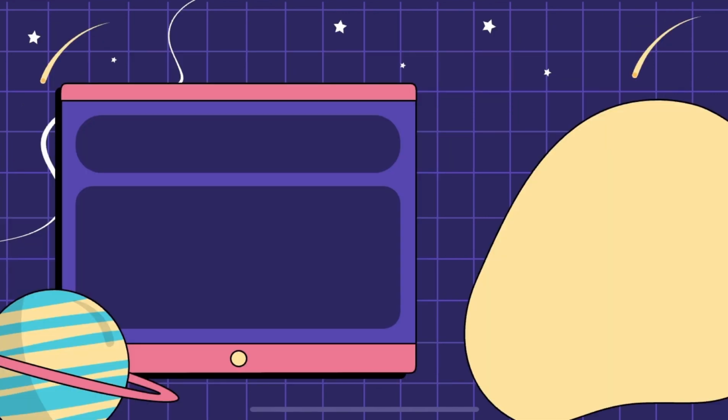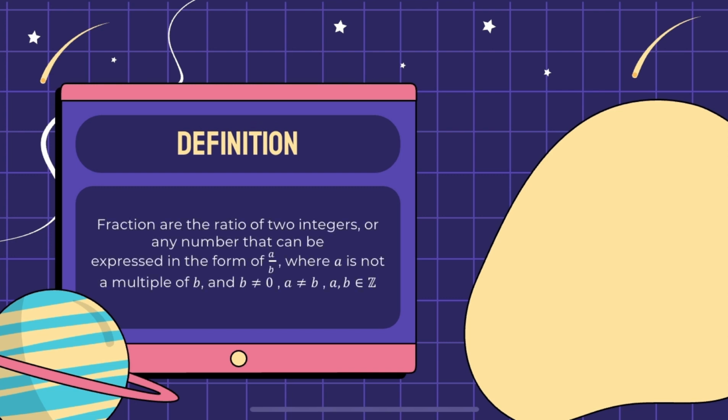Before we solve the question, I will tell you firstly about the definition of fraction. Fractions are the ratio of 2 integers, or any number that can be expressed in the form of a over b, where a is not a multiple of b, and b is not equal to 0. a and b are integers.